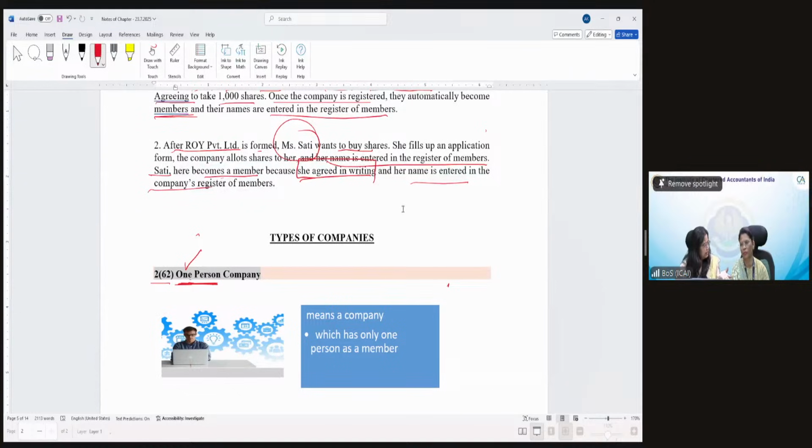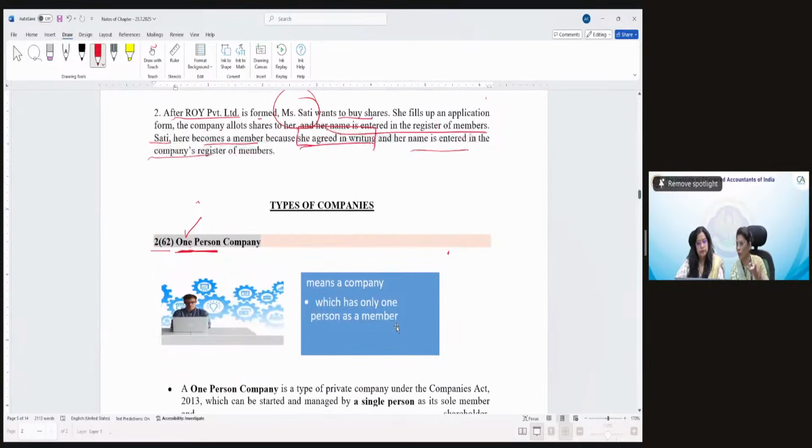It's a proprietorship firm, reflecting to be the same, because it is being done by only one person as a member. There is a sole owner of the company, and that is why we are considering here the concept of sole proprietorship. However, the Companies Act 2013 introduced another kind of company, which is known as the one-person company.